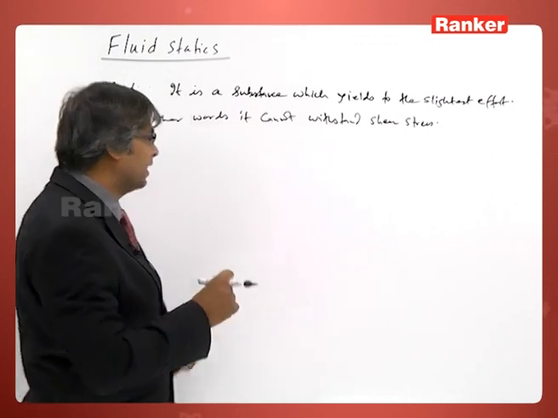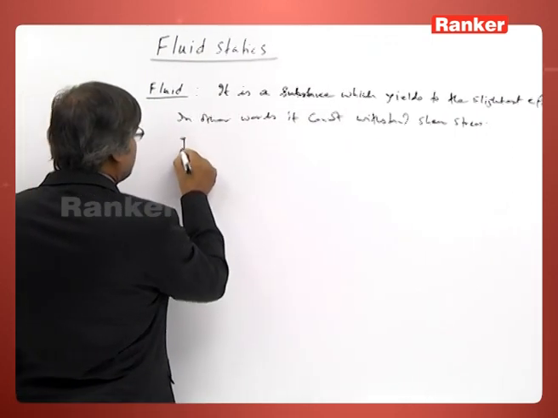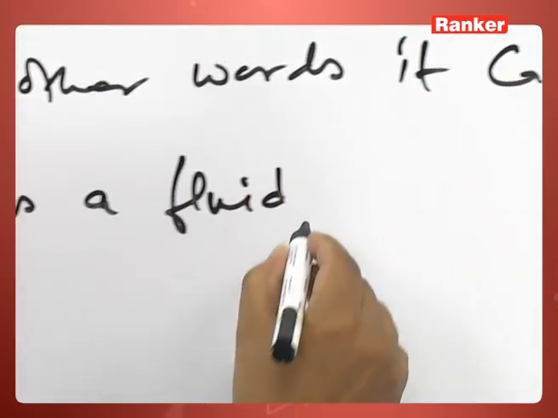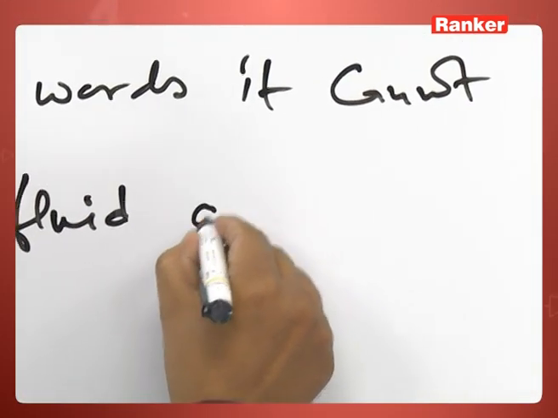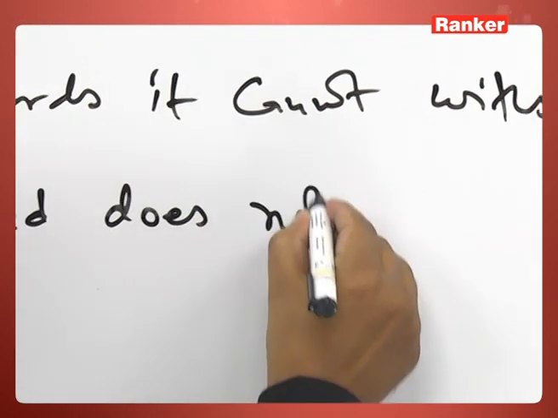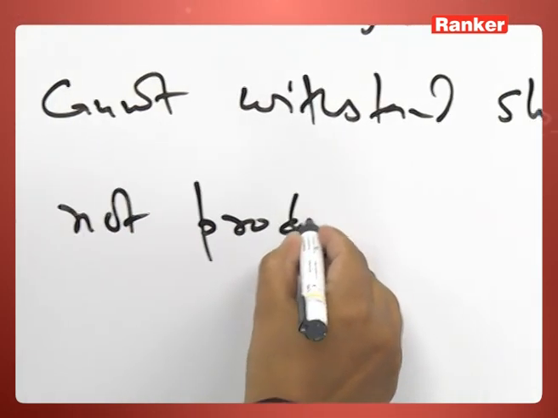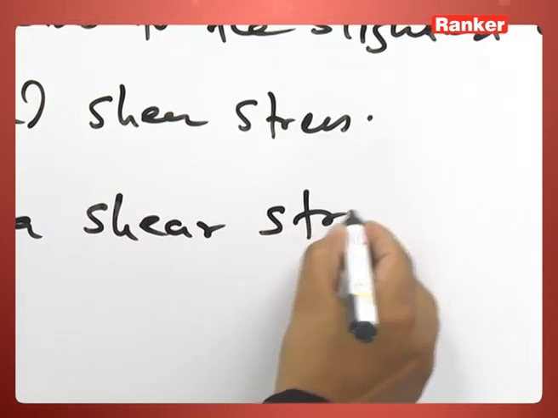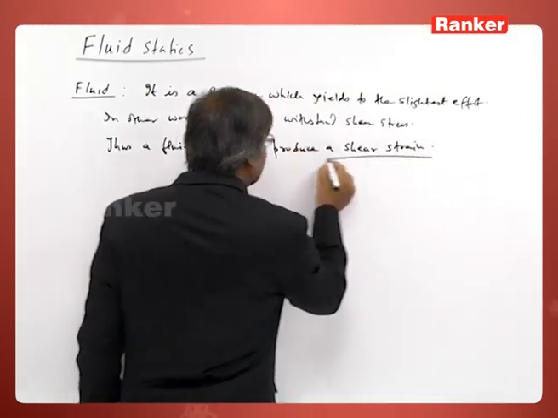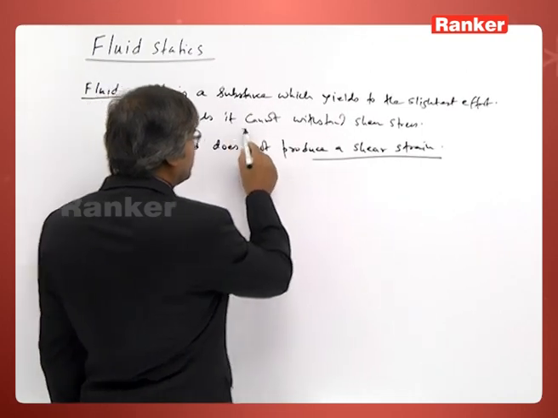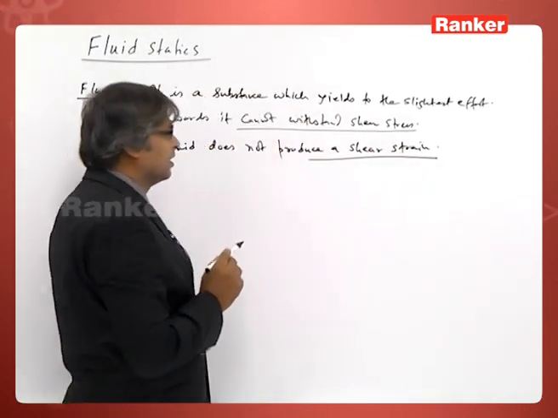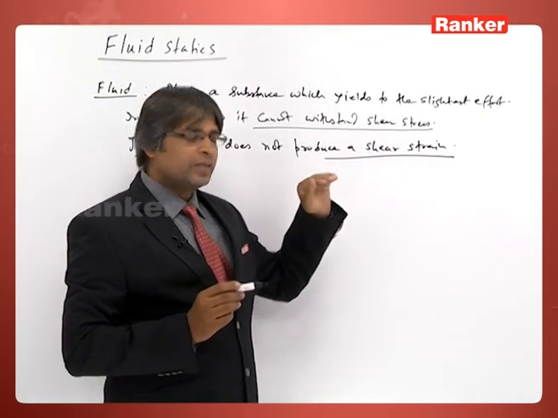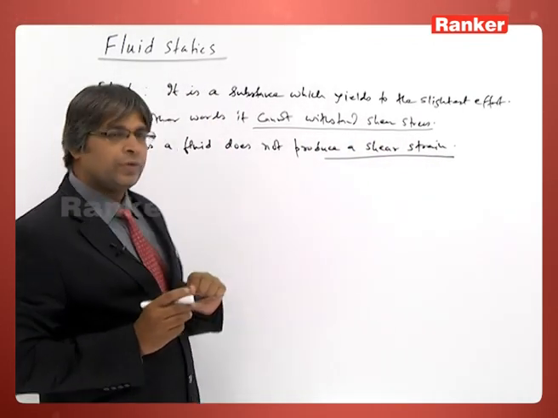So, we can also say a fluid does not produce a shear strain. Telling that it cannot withstand shear stress means it does not produce a shear strain. So, this is what a fluid is.